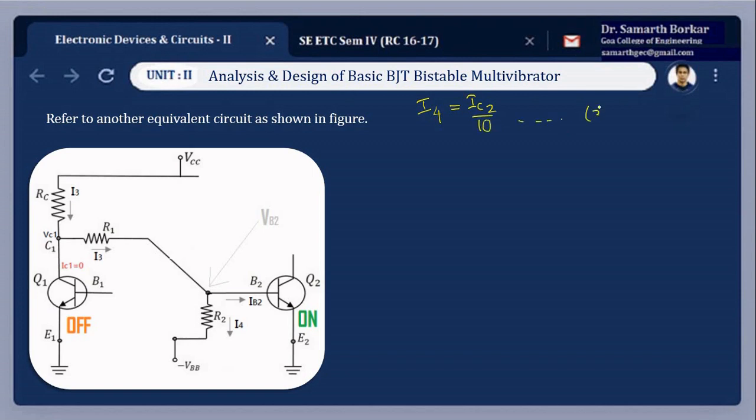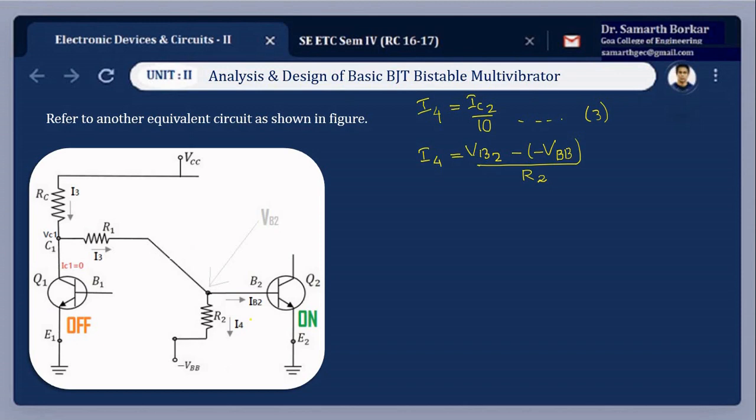As per point 3 that we discussed in the previous slides, I4 is equal to VB2 minus of minus VBB divided by R2.